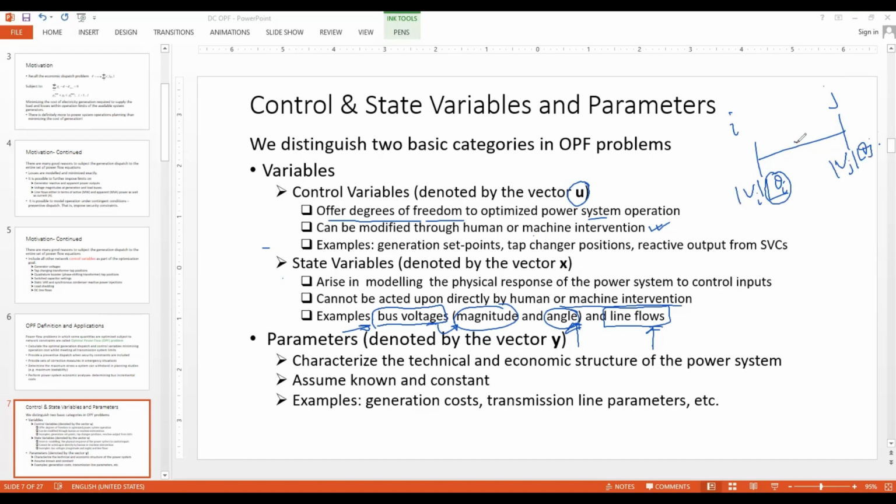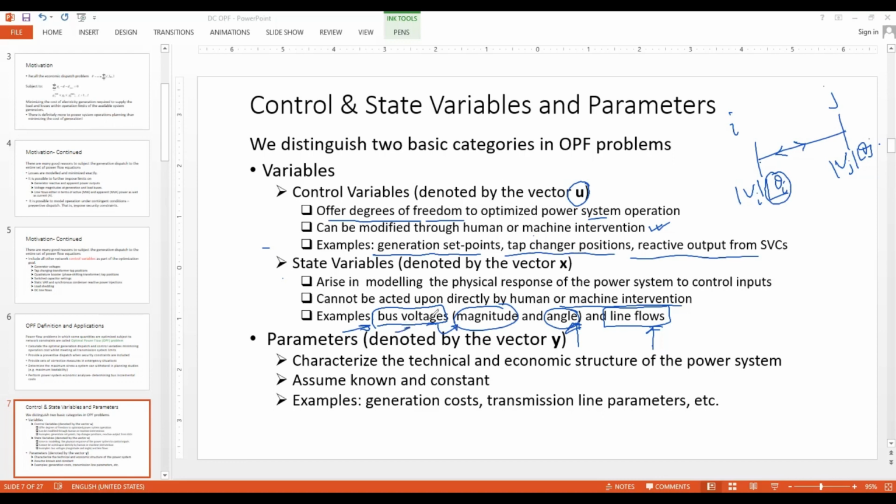And thus the line flow, the power that is flowing between this bus and this bus, you cannot directly control. Like you can directly control the set points, the tap changers or the reactive output. This is direct control. However, these are indirect control. So these are the state variables, and these are the output.